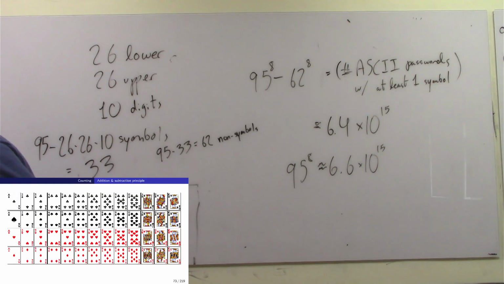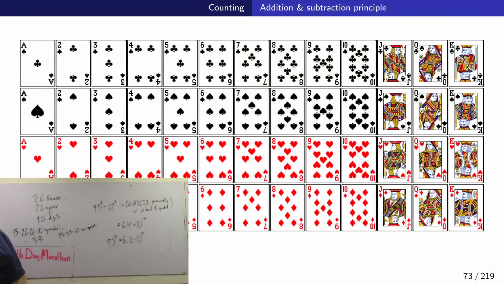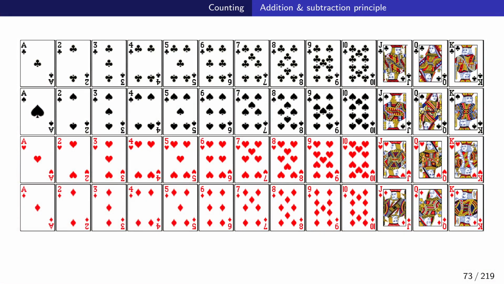Now to the real meat and potatoes. Okay. So I was talking about cards earlier. We talked about it before that as well. So we first were counting how many ways there are to have a 5-card hand, which is around 2.5 million.